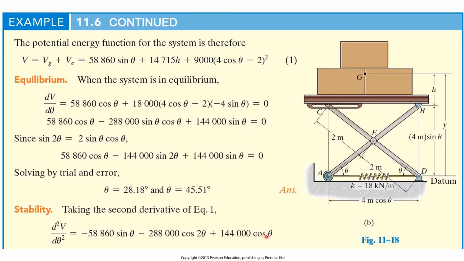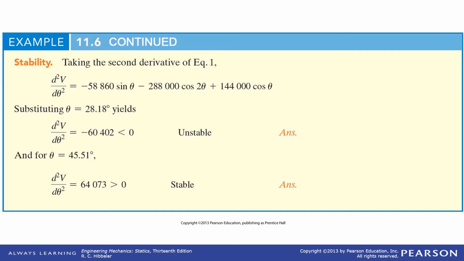Substitute what you just found, the 45.51, into this equation and see if it's greater than or less than 0. One solution is less than 0. Another solution is greater than 0. So this is the stable equilibrium at 45.51 degrees.